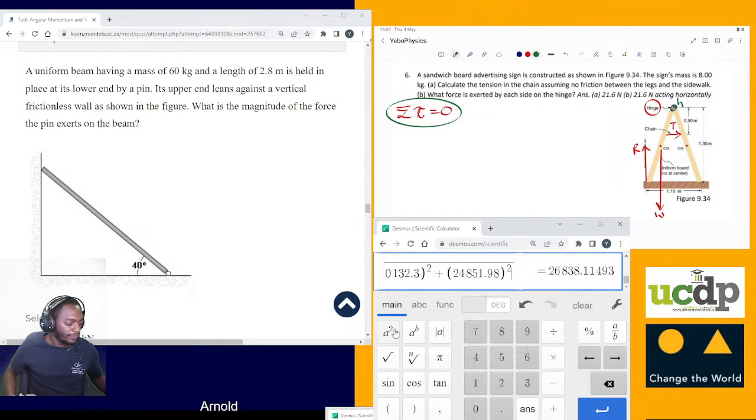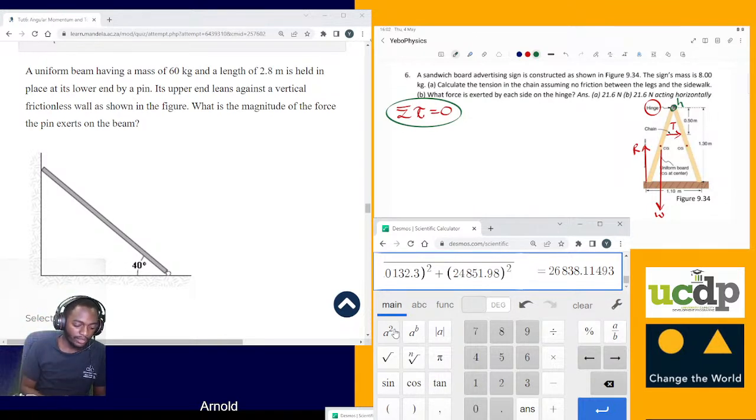All right, so how about we do that? If we take moments at that point, let's identify which turning effects are going to be positive and which are going to be negative.